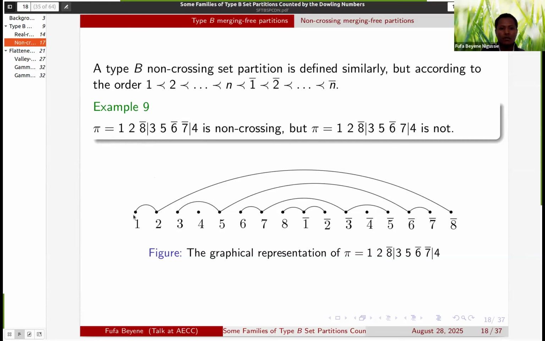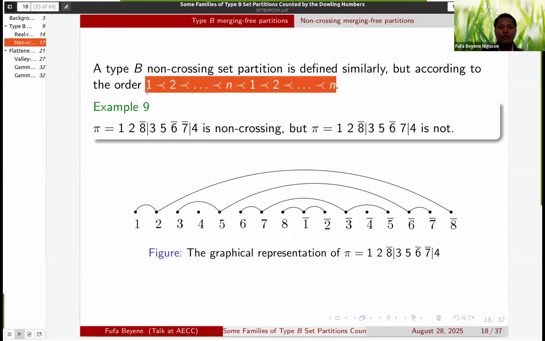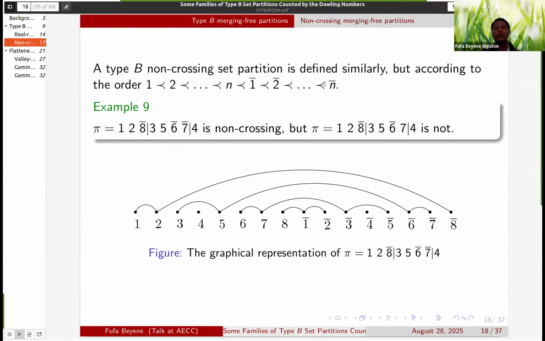For example, you have 1 to 8 bar in a block, so 1 is connected to 2 and 2 is connected to 8 bar, but you need this ordering. We were using the ordering 1 less than or equal to 2 up to n bar.